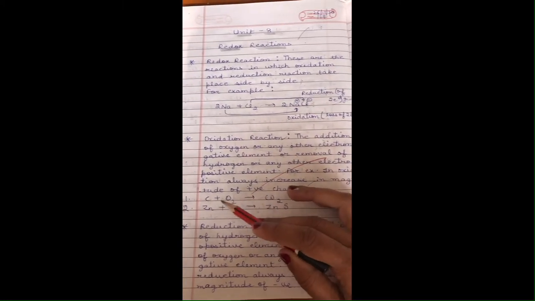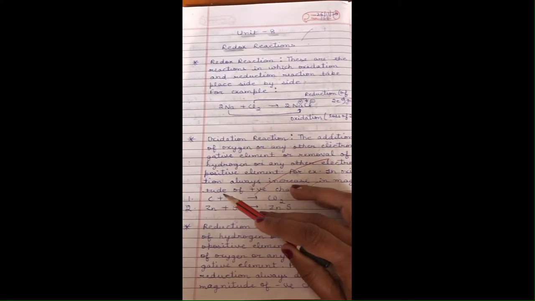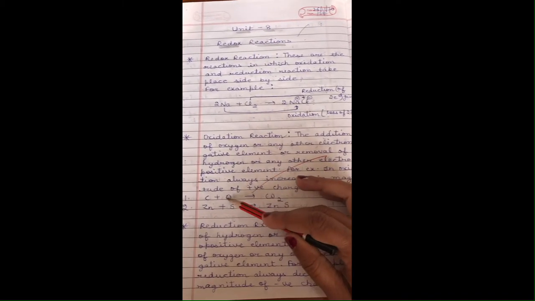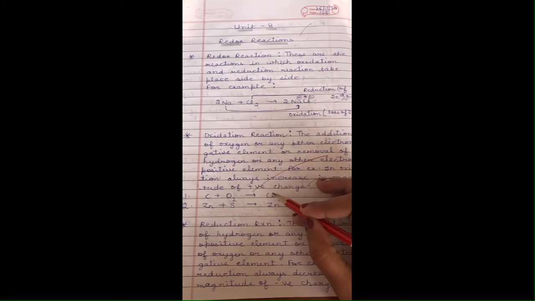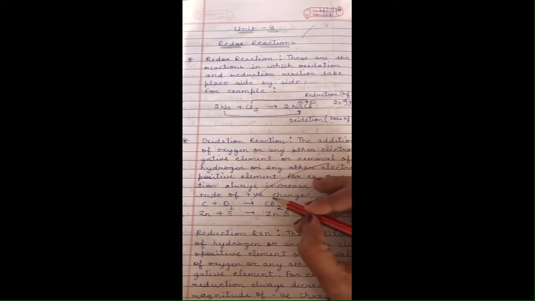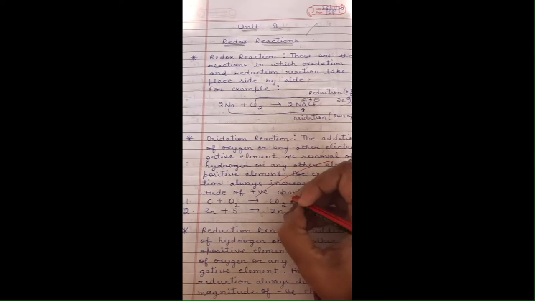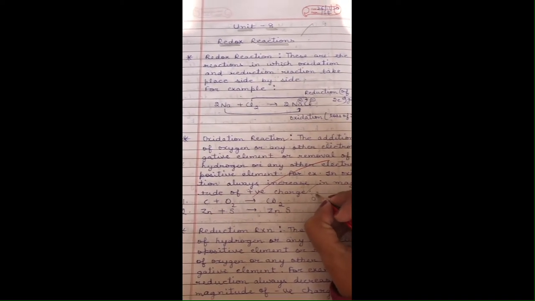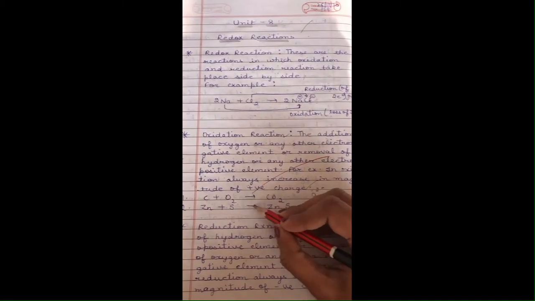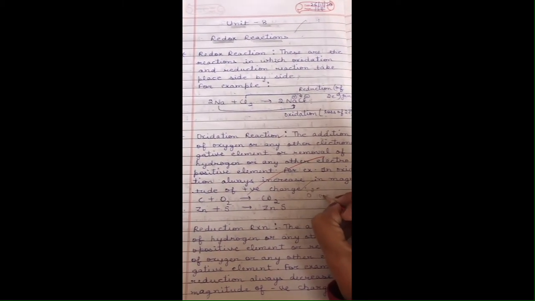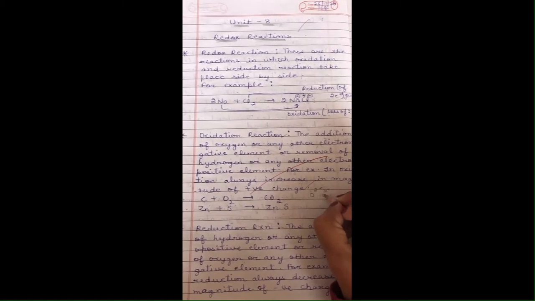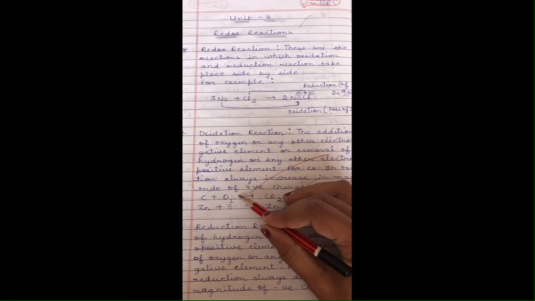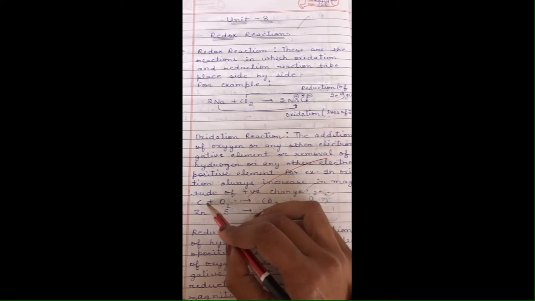You can see in the first example, when we are taking the reaction between carbon and oxygen, on addition of oxygen to the carbon, there is an increase in magnitude of the positive charge on the carbon atom, because oxygen will always carry two negative charges, and two atoms of oxygen means it will carry 4 minus charge, and the 4 electrons that this electronegative element has taken from this carbon atom.